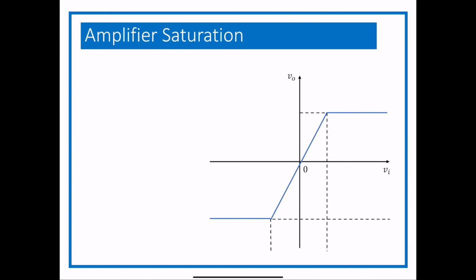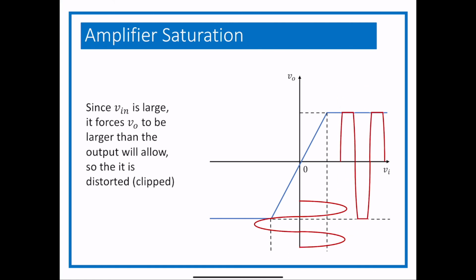If we send in a signal that's too large, you notice that the input signal actually goes outside the boundaries of where the amplification can occur. What happens is the output gets clipped. So the positive and negative values of the output actually get flattened because it can't go above the power supply.